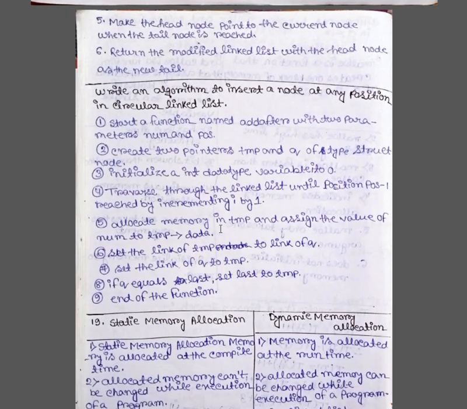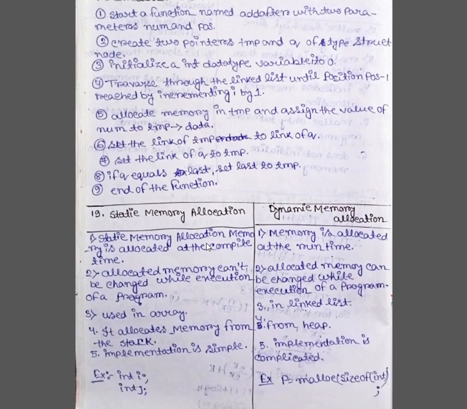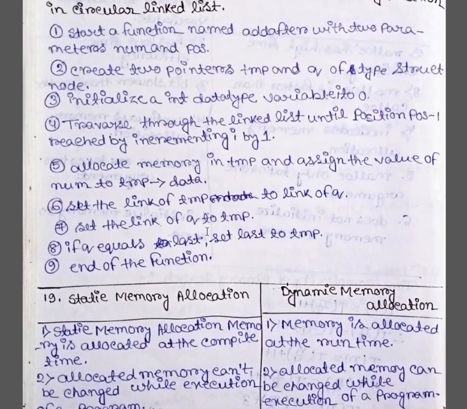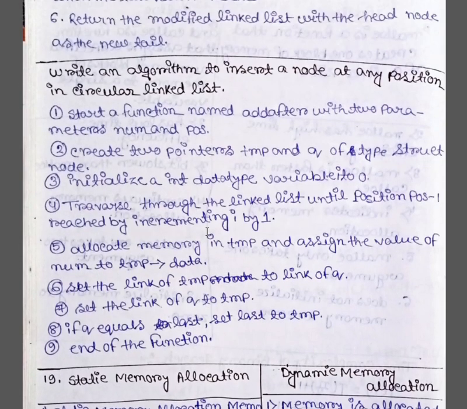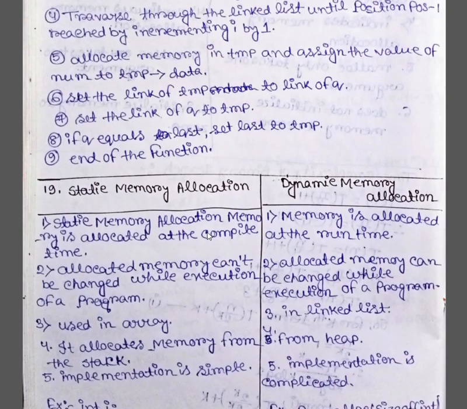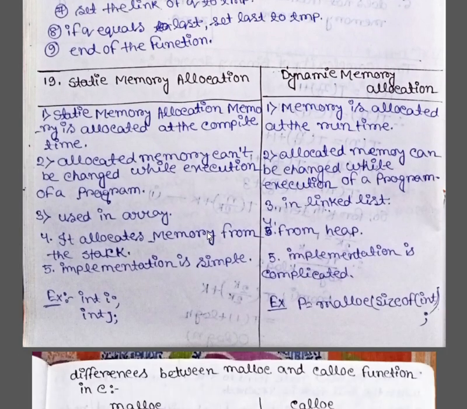The next question is: write an algorithm to insert a node at any position in a circular linked list. These are the steps in our algorithm for inserting any node at any position inside a linked list. And the next question, take a screenshot first. The next question is the difference between static memory allocation and dynamic memory allocation.